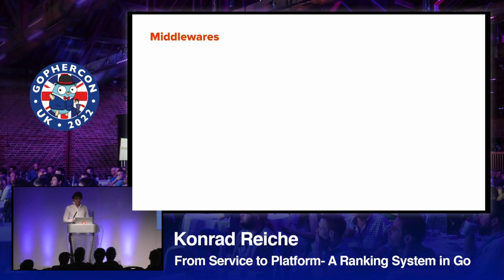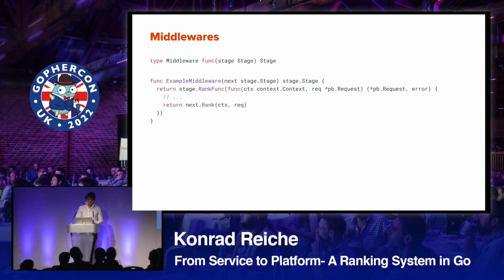This also works for middlewares. And a middleware for us is a stage that wraps a stage. And middlewares is something that really provided us with great payoffs in this kind of ecosystem, especially for running code in production. And here are 3 examples.